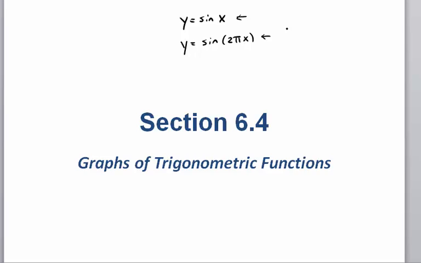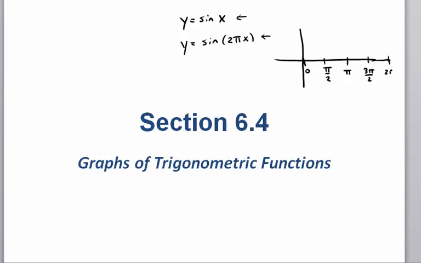So before we get started, we need to talk just a second about the period of a graph. Now, we've already mentioned the period of a graph, and we know that for the sine function, for example, we know that the graph runs from 0 to 2 pi, and it completes a complete cycle in between those two values.